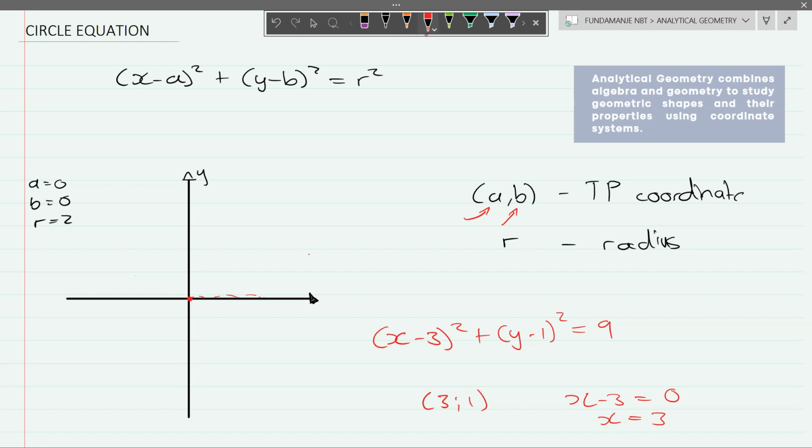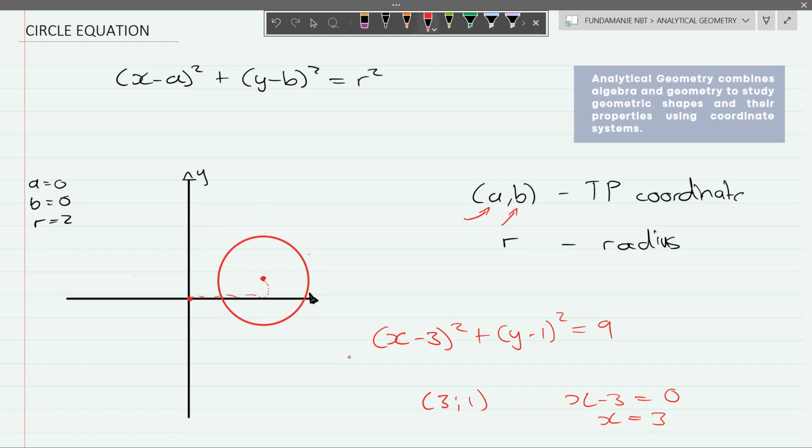Then we shift this graph 1 unit up, so that would be somewhere over here, and this will be the center of our circle. Then we draw our circle, which looks something like that. Move it up a little bit.